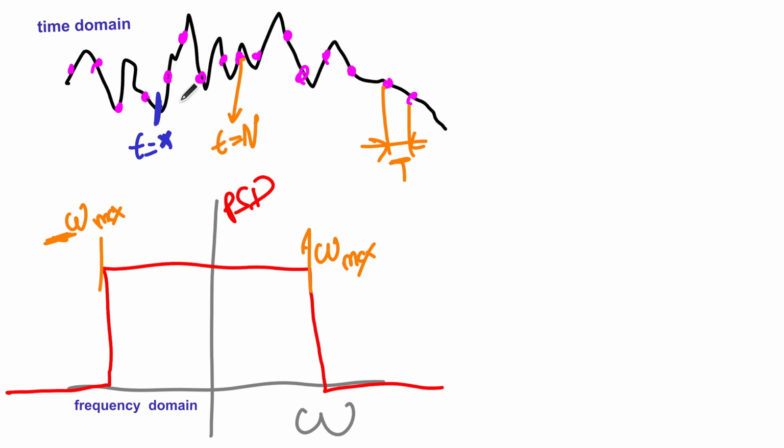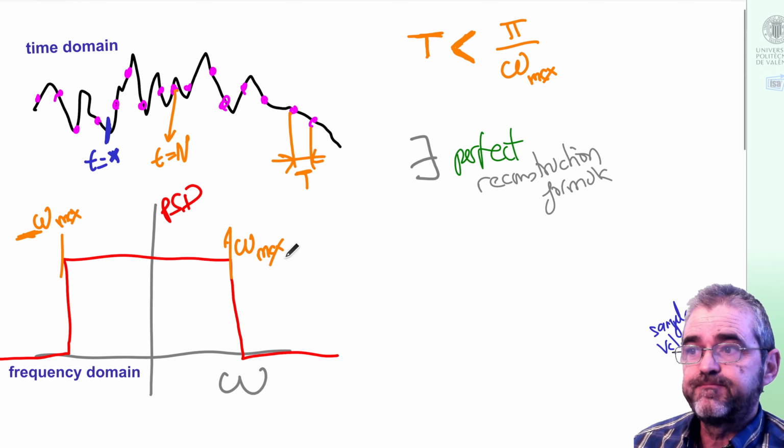If we get into the Gaussian process realm, that means the power spectral density is limited to some omega max, and I can perfectly reconstruct the signal if the sampling period is smaller than pi divided by omega max.